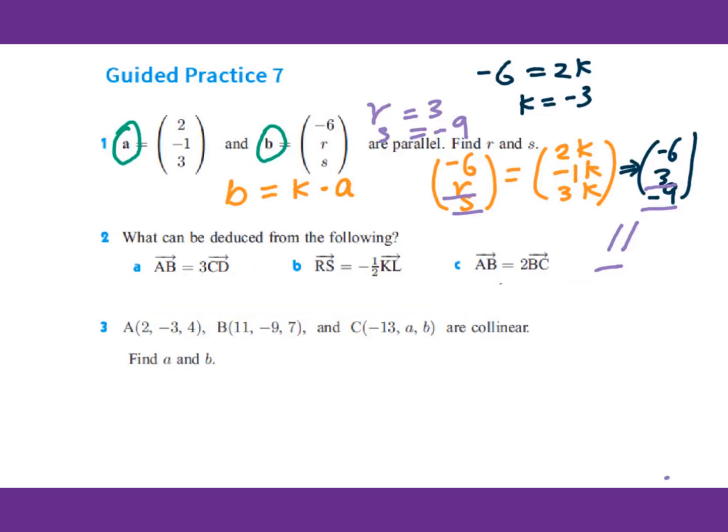Now let's go to B. From B, first of all, we know these two vectors are parallel to each other. Second, since we have negative 1/2, which means it's opposite direction.